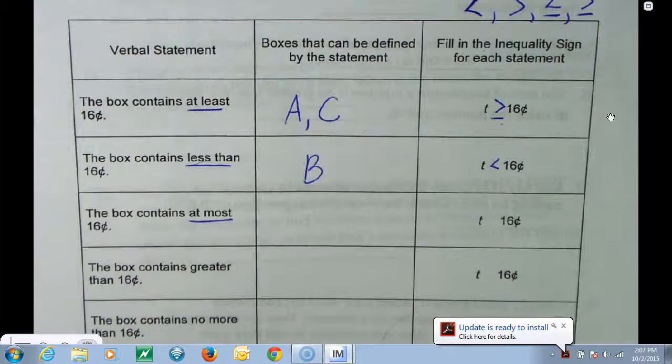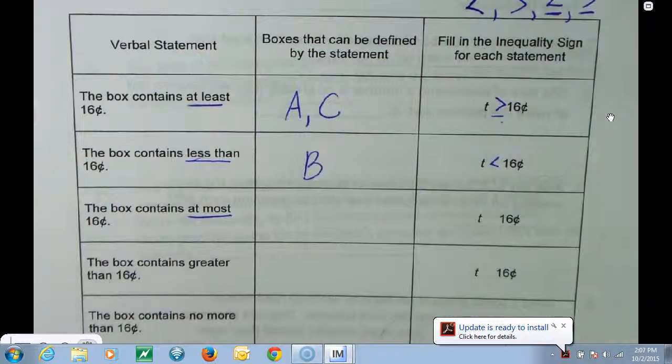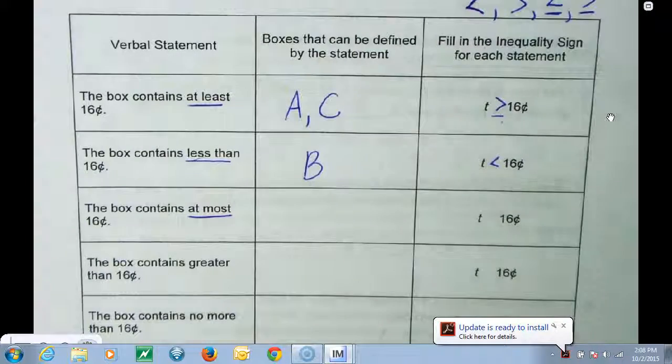At most. Okay? What I say is at most I want 10 people on that ride. How many people do I want on that ride? 10 or less.